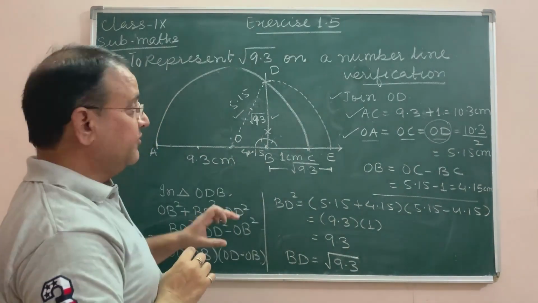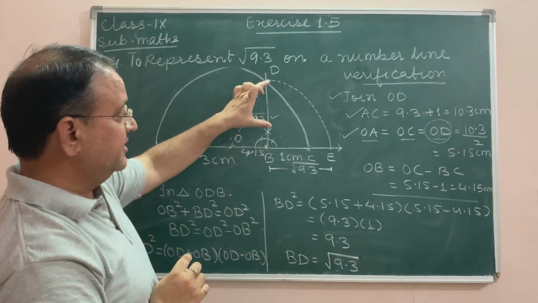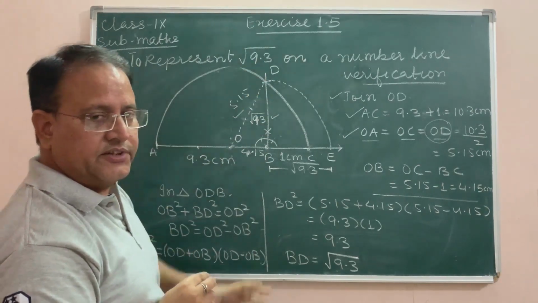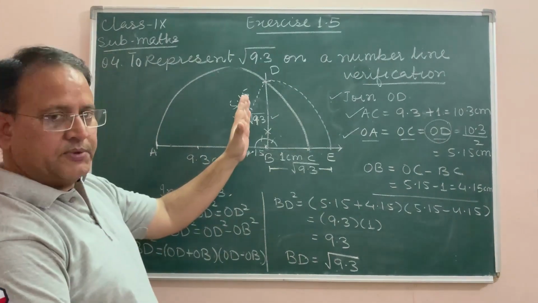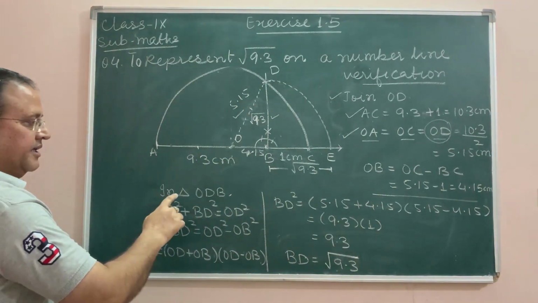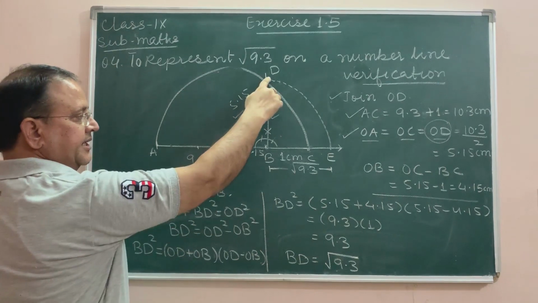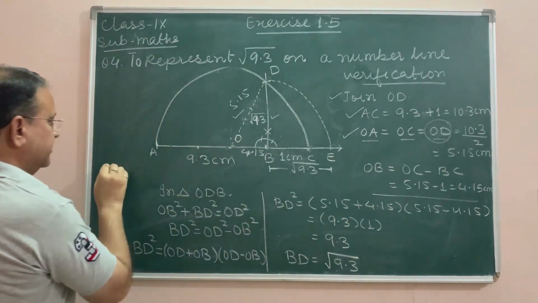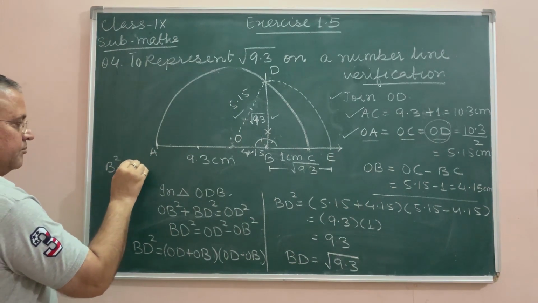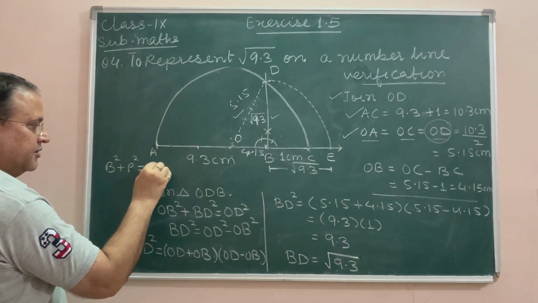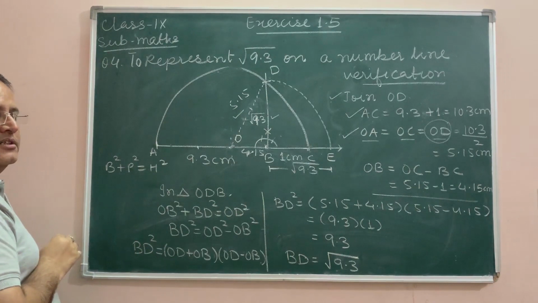Now which length do we have to find? We have to find the length of BD. This we can calculate with the help of Pythagoras theorem. In right angle triangle ODB, base square plus perpendicular square is equal to hypotenuse square.